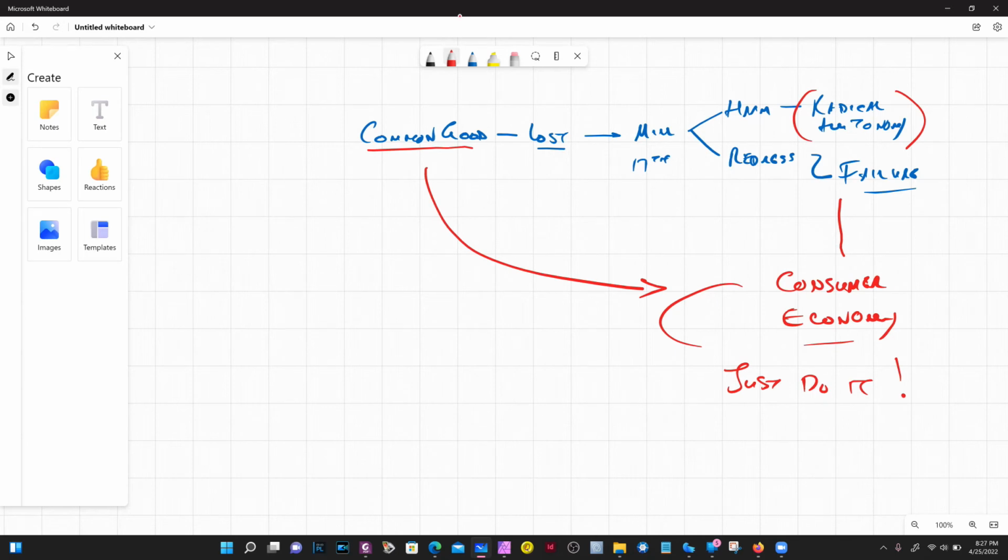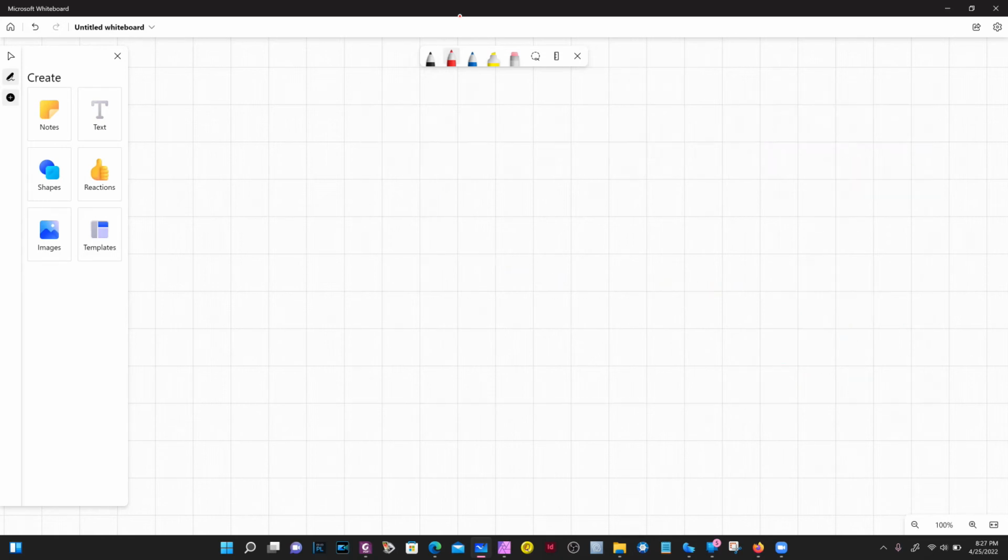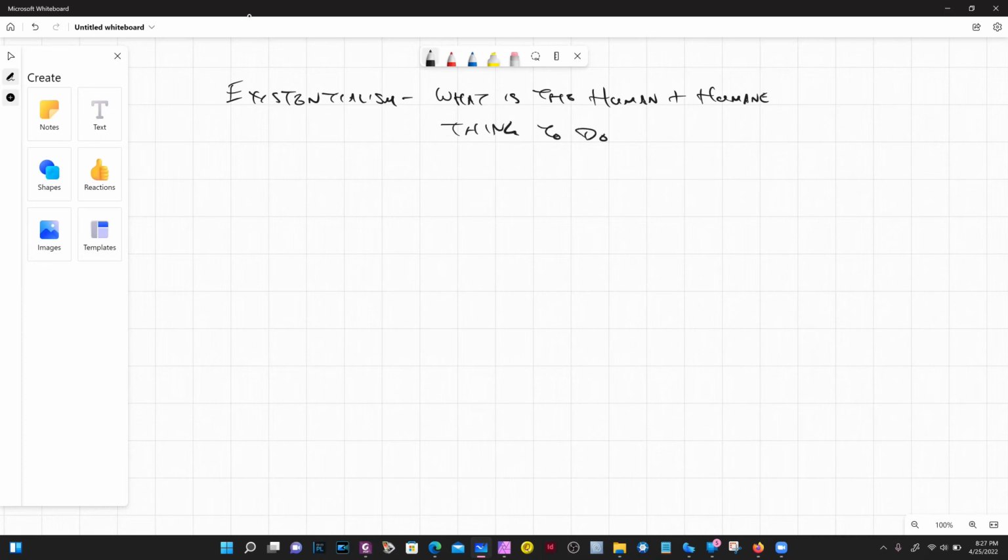Okay. Let's talk about another way to look at this. Along the way, we talked about other paradigms in Western culture, one of which was existentialism. You may recall that we said when we apply existentialism to the question of human ethics, the question becomes, what is the human and humane thing to do?